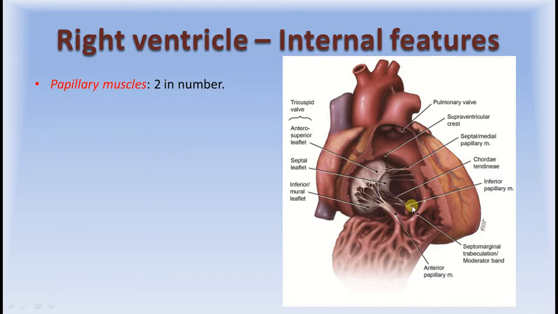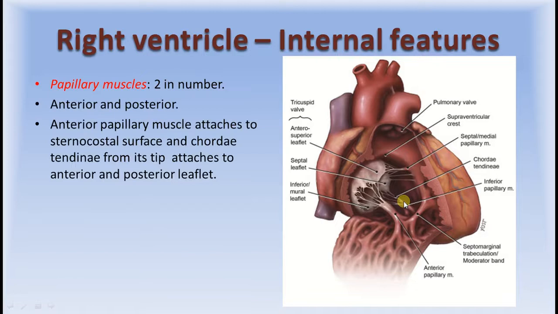Posterior is also called the inferior papillary muscle. The inferior papillary muscle connects the posterior and the septal leaflets. But some books also describe the septal or medial papillary muscle connecting the anterior and septal.